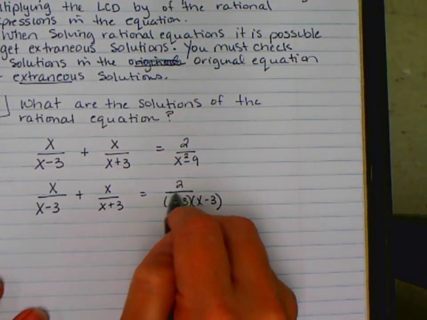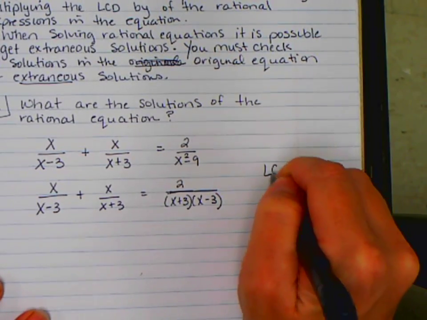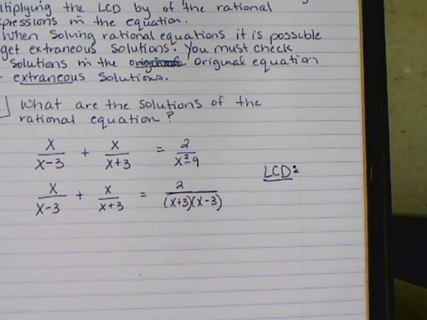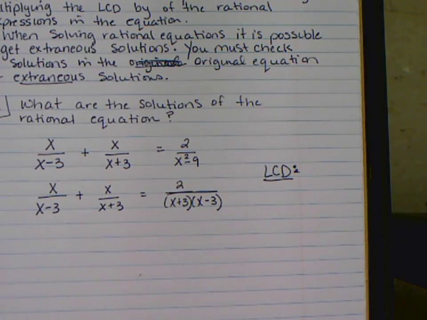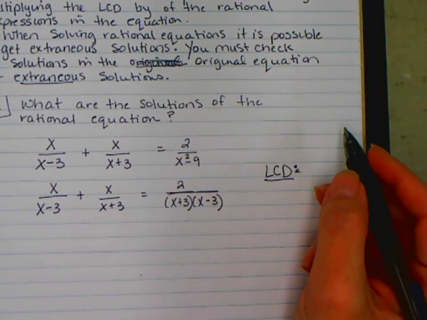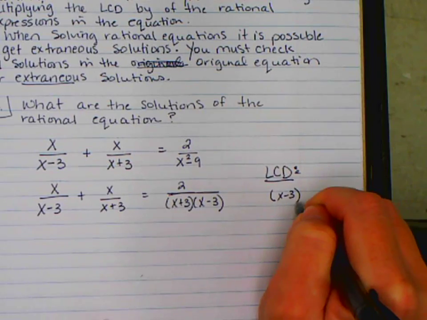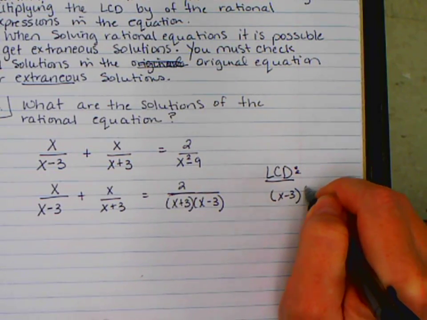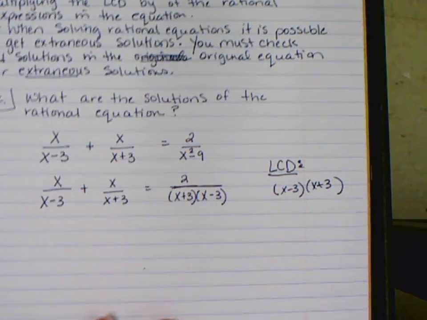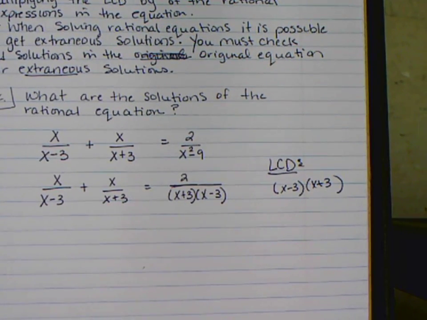So once it's completely factored, we will figure out what our least common denominator is, which basically is the same thing that we were doing when we were adding and subtracting fractions to make equivalent fractions, right? We had to make sure one of each of the factors was taken into account for the least common denominator. So give me one of my factors in my LCD. X minus 3 and x plus 3. Anything else? No. All right.